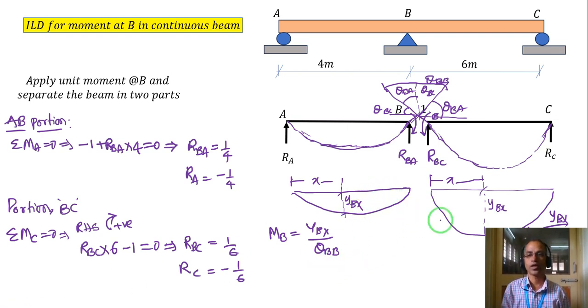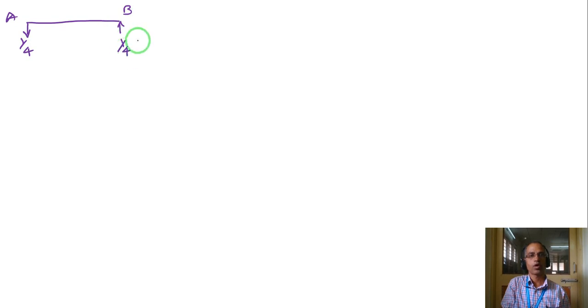So now trying to take the section and get the moment at each portion separately. What do we get here? Take this span portion AB, and I have RA as minus 1 by 4, that means a downward 1 by 4, and we have RBA, which is positive 1 by 4, and I also have the unit moment which is applied, which is 1, and the span of this beam is 4 meter.